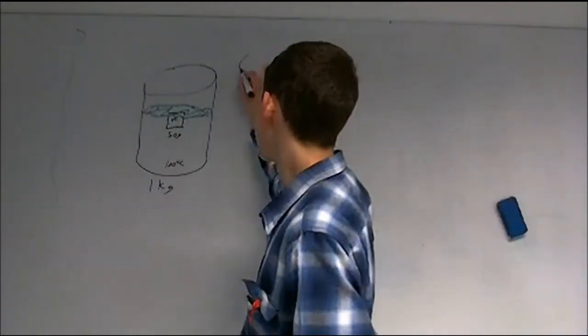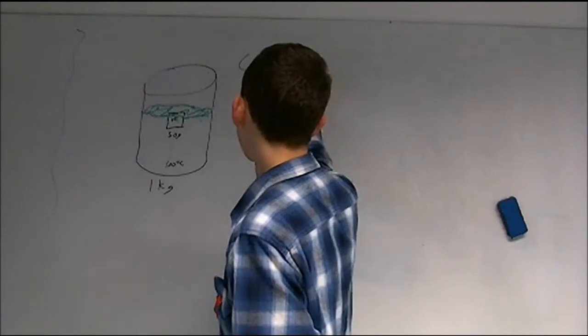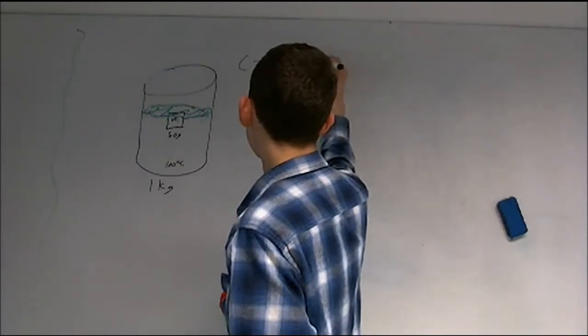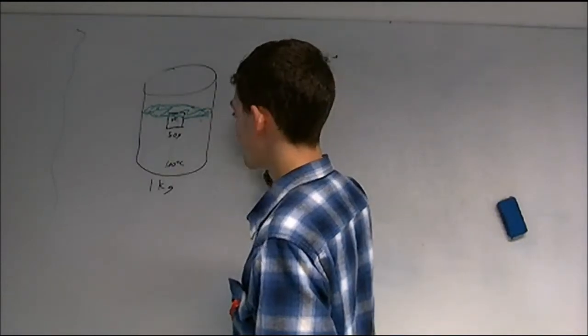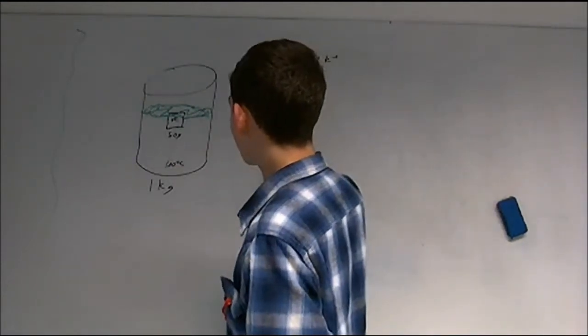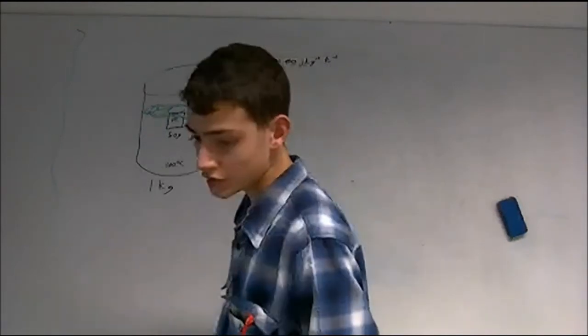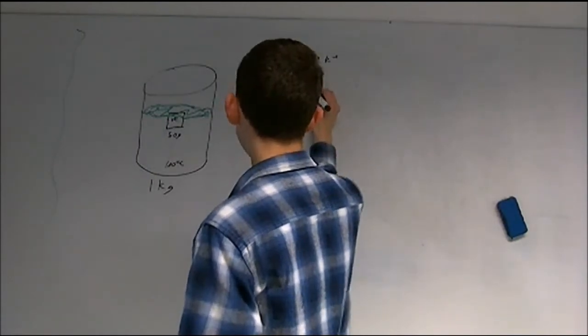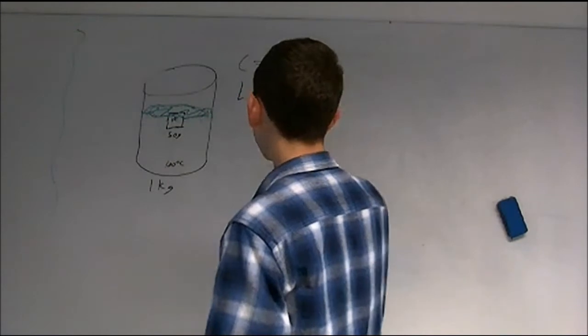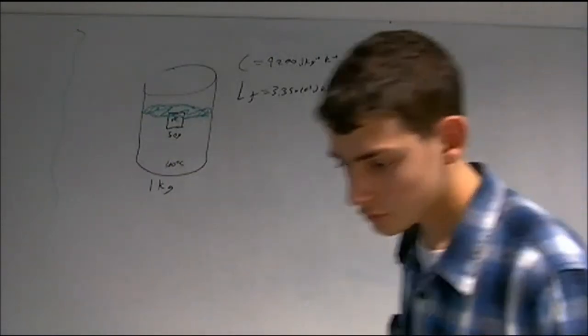Water will have a specific heat capacity of around 4,200 joules per kilogram per Kelvin, and the latent heat of fusion is 3.35 times 10 to the 5 joules per kilogram. Joules per kilogram, right? Yes. Per kilogram, not per gram.